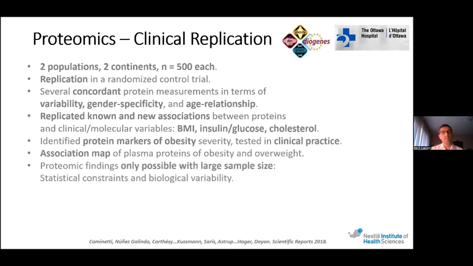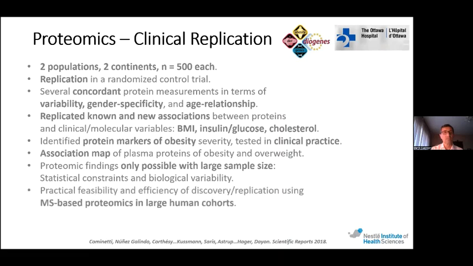So we believe that these proteomic findings were only possible with this large sample size because of the usual statistical constraints and biological variability. Also remember that we had an enormous number of variables being tested, so you need a large sample size to correct for multiple testing.